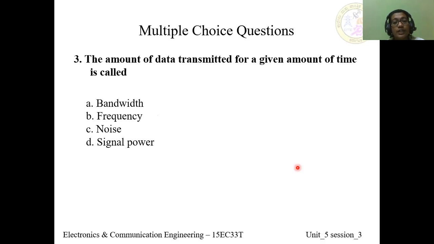The amount of data transmitted for a given amount of time is called: bandwidth, frequency, noise, or signal power. Answer is A, bandwidth.